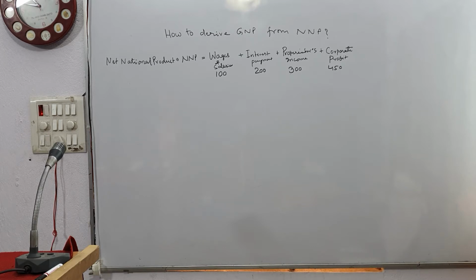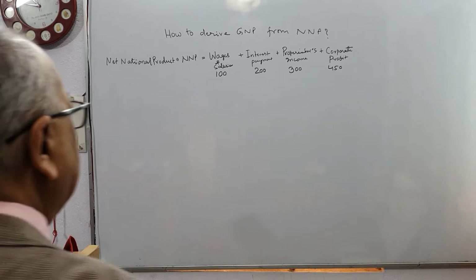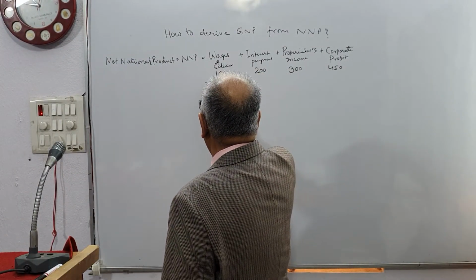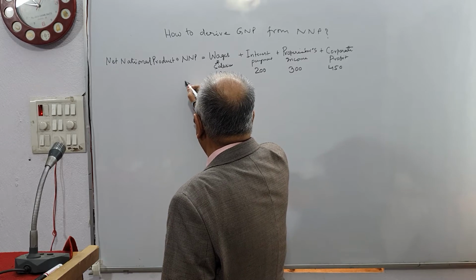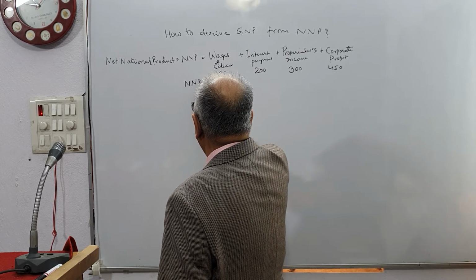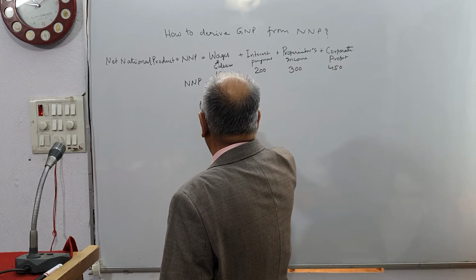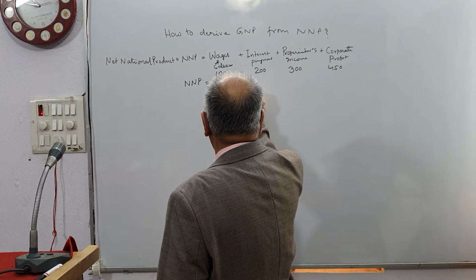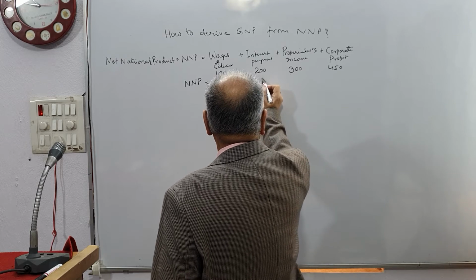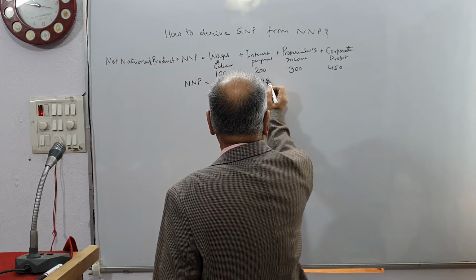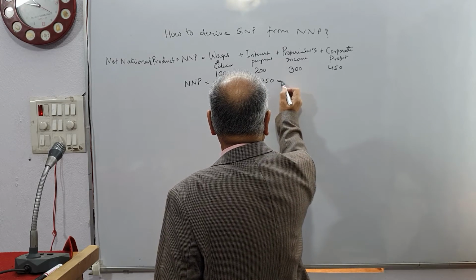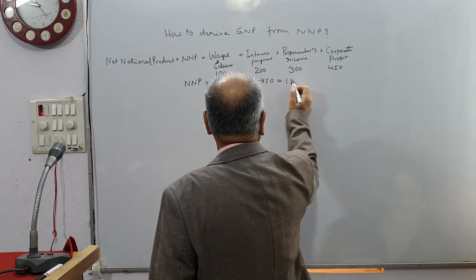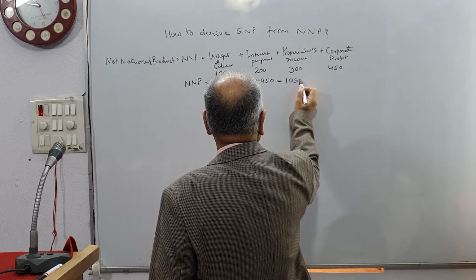This is an imaginary example to clarify the concept. 100 plus 200 plus 300 plus 450 is equal to how much? 1050.